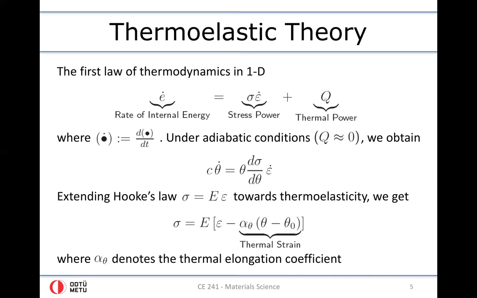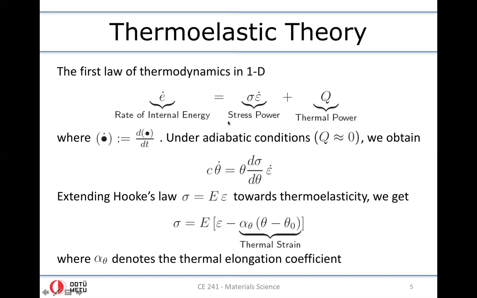Thermal power represents the action of the rest of the system on the system of interest through the heat flux, for example, or represents any heat generation inside the material. Under adiabatic conditions, where we insulate our system, in other words the specimen, thermal power is negligible. It is equal to zero.